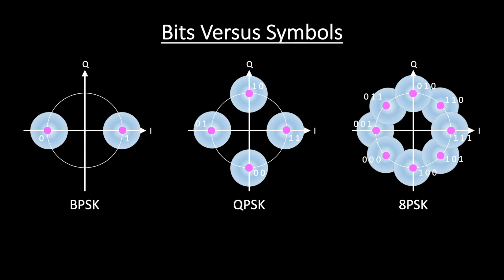Ooh is right. So now I have overlap. That means I can't always tell what symbol I was sending, right? So there's a limit in terms of what kind of modulation scheme I can use for a particular noise environment.